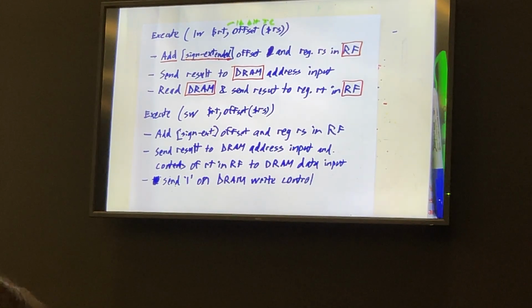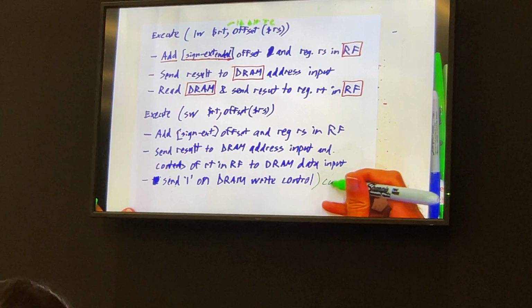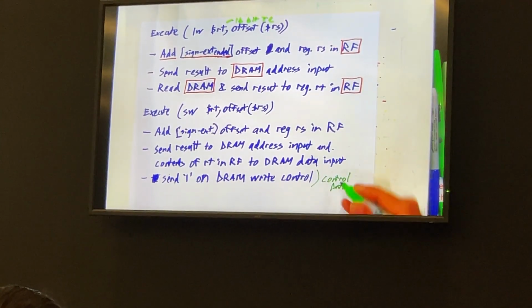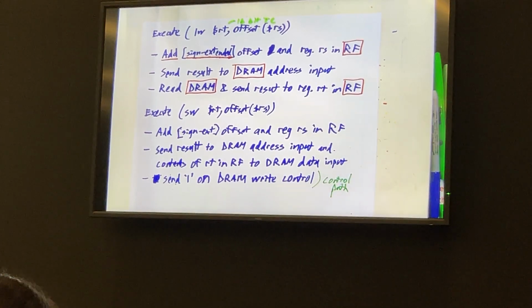But I just feel like I'm incomplete if I don't mention that here. By the way, our book calls it control instead of control path. I will call it control path because I think that's more standard.